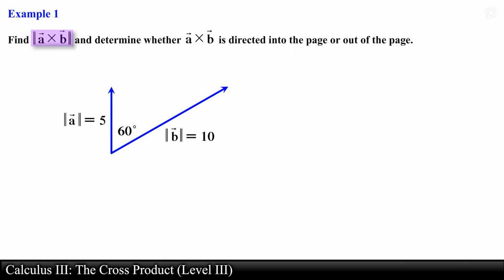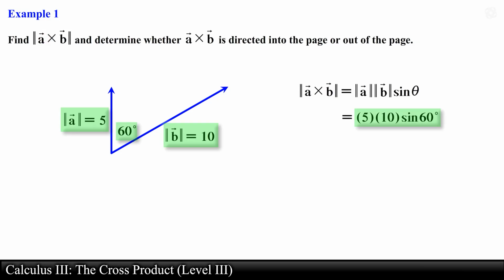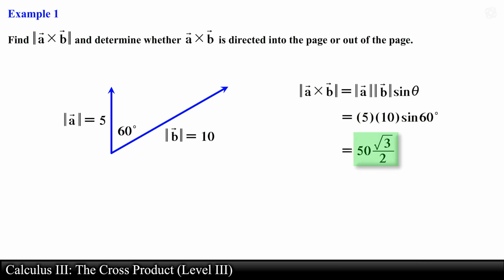We can find the magnitude of the cross product by using the geometric definition of the cross product. So we go ahead and substitute the magnitude of the angle between the vectors into the formula. Computing the product of the magnitudes and sine of 60 degrees, we obtain the following. Simplifying the expression, we obtain 25 times the square root of 3 for the magnitude of the cross product.